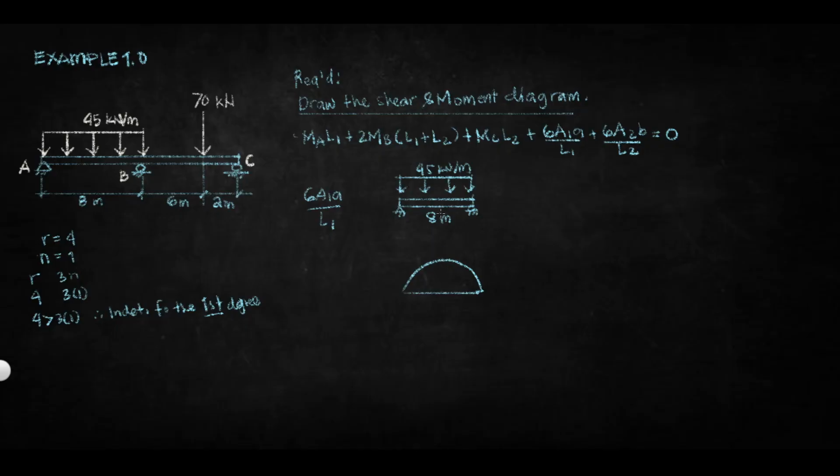Yung maximum moment na sa gitna, which is equal to, let's say, we have here the reaction of your left span. So, ang reaction niyan is siyempre 45 times 8, kalahati lang po, divided by 2, which is 180. Ito po ay 180, 180.